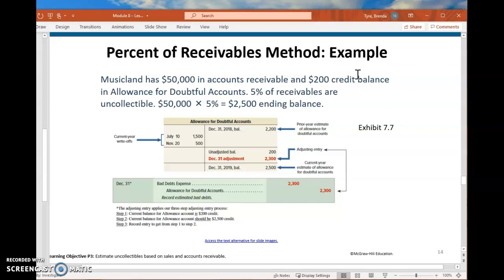We estimate that 5% of our receivables are uncollectible, so we think that ending balance should be $2,500. Well, we take a look. Our unadjusted balance is currently a credit balance of $200. We need it to be a credit balance of $2,500, so we are going to credit the allowance for doubtful accounts for $2,300 and debit bad debt expense for the difference.